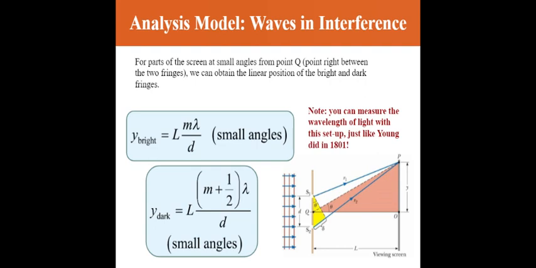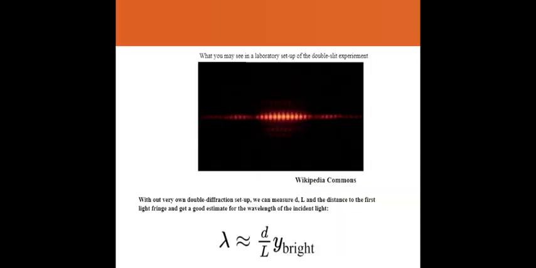So you can measure the position of the bright fringes and the dark fringes. If you know all that, then you can use these formulas to calculate the wavelength of light. For the small angle approximation we've done, the wavelength of light is just a function of the pattern that you see, the slit separation, and the distance between the barrier and the screen.